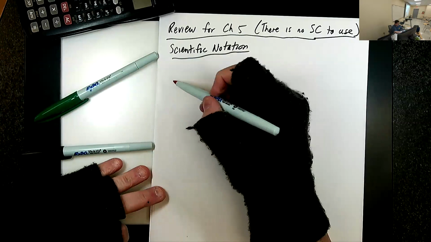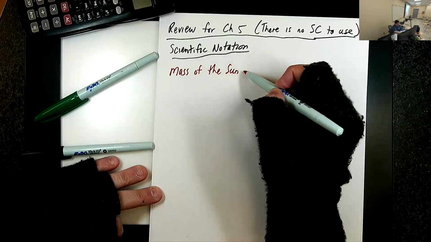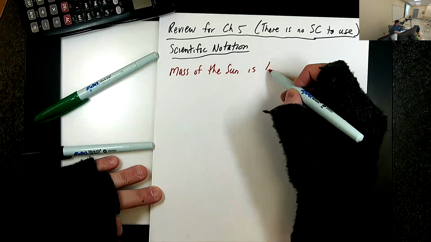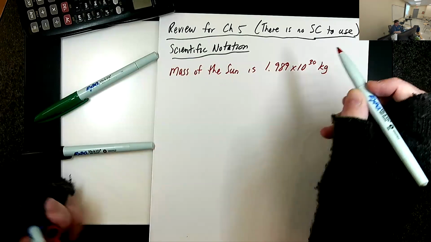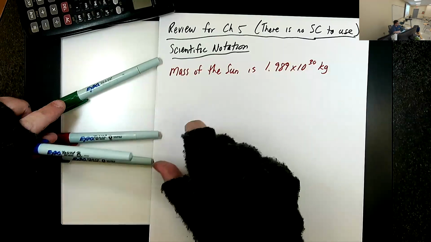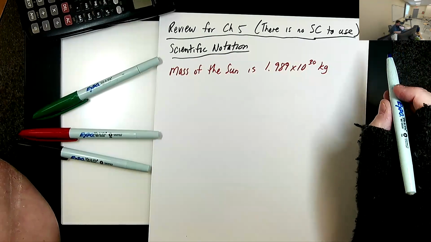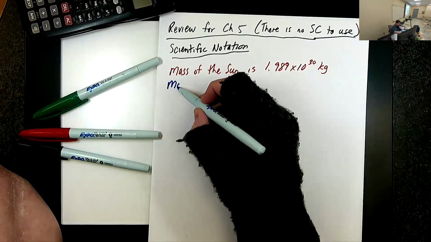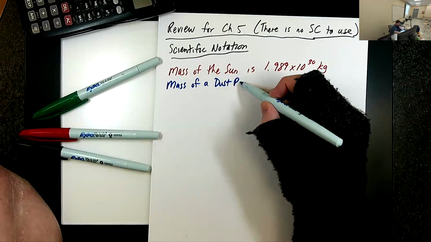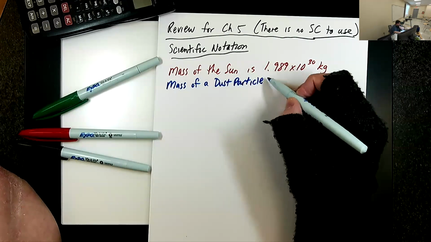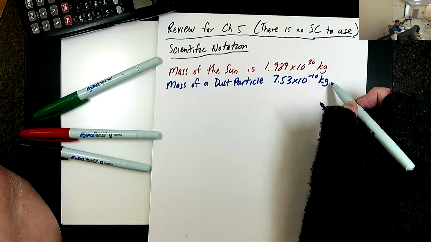The mass of the sun is 1.989 times 10 to the 30 kilograms. And the mass of a dust particle is 7.53 times 10 to the negative 10 kilograms.